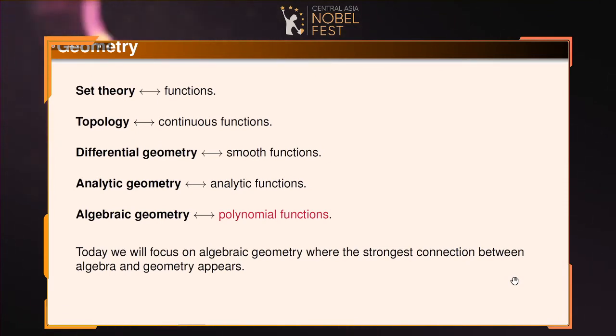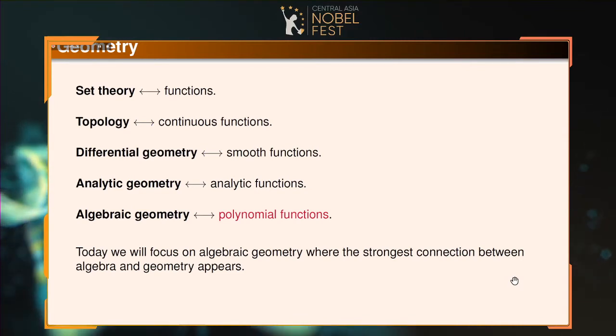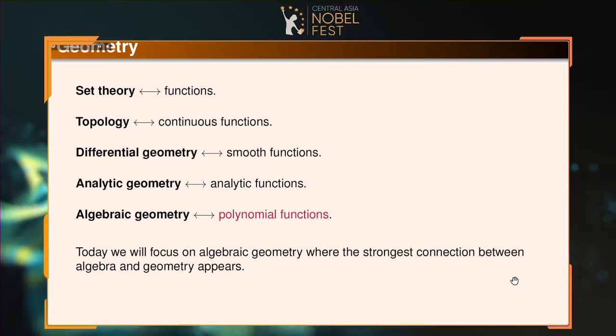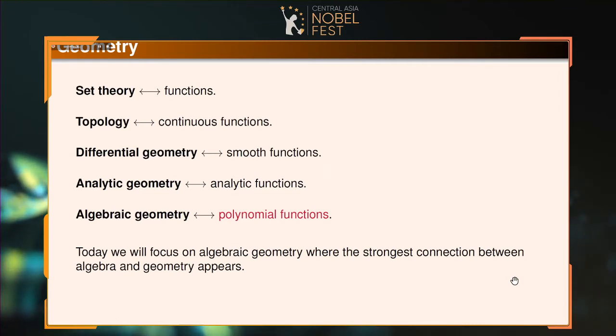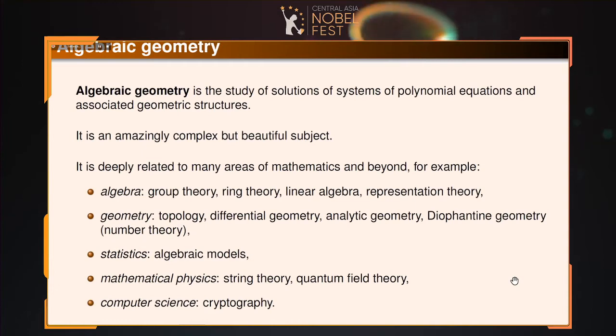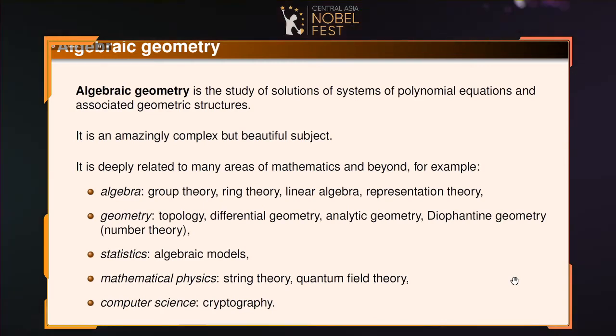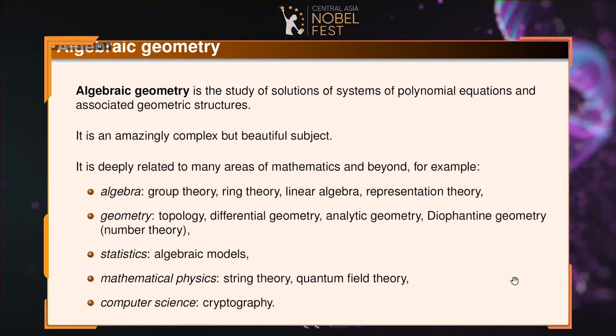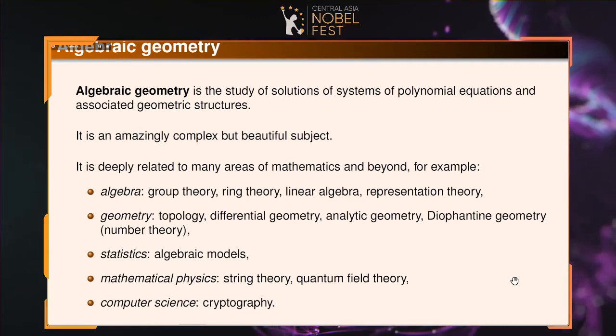And in this talk, I will mostly be focusing on algebraic geometry, where there is the strongest kind of connection between algebra on one hand and geometry on the other hand. Now, you can define algebraic geometry in very simple terms as studying solutions of systems of polynomial equations and the geometric structures which are constructed out of this system.